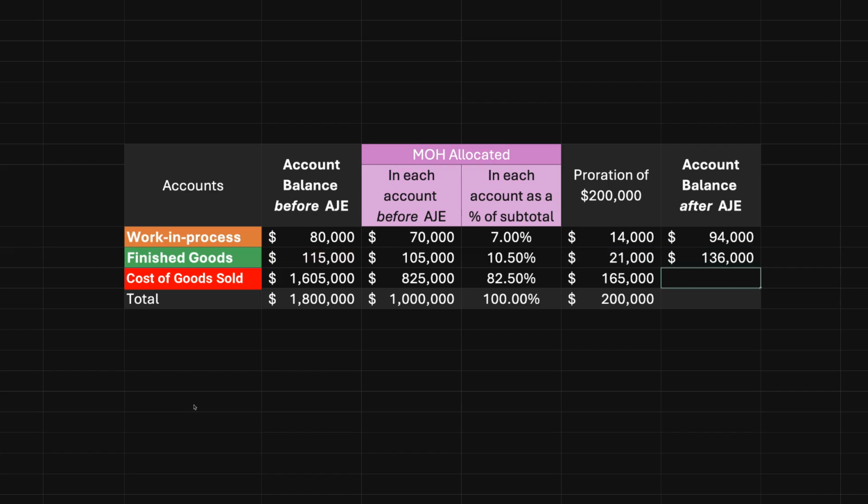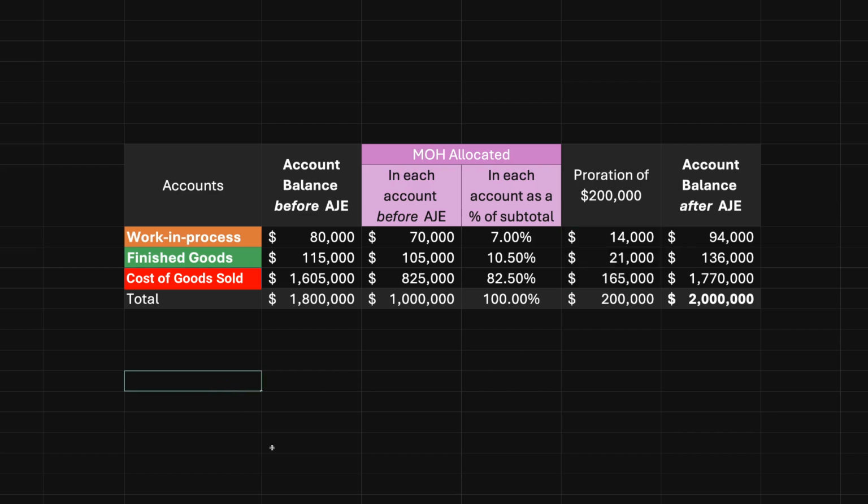That gives us 136. And then we could take 165,000 and we could add that to $1,605,000. If we total this up, we get 2 million. As a reminder, it is these amounts, 14,000, 21,000, and 165,000, that we will use to help form our journal entry.